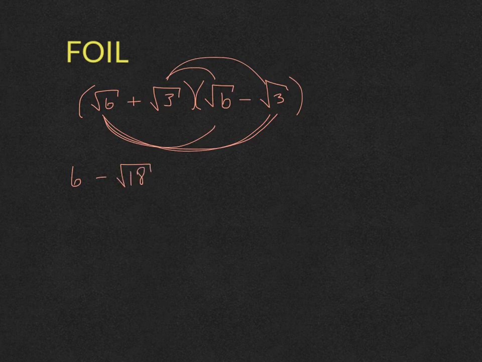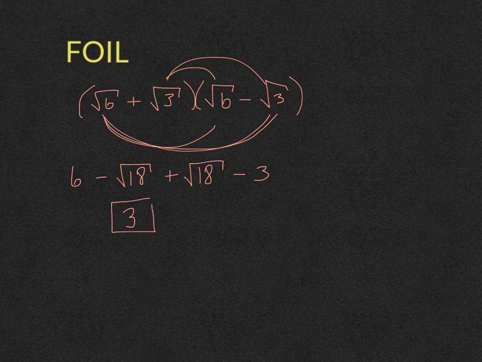The square root of 3 times the square root of 6 is plus the square root of 18. And the square root of 3 times the square root of 3 is minus 3. Okay, we combine these together, so we have 6 minus 3 is 3. Negative square root of 18 plus positive square root of 18 is 0, so our final answer is 3.